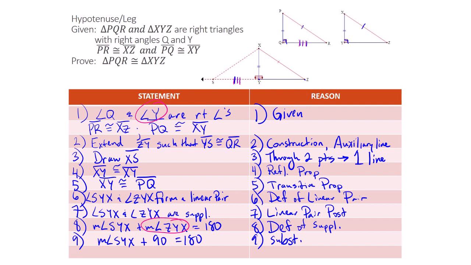All right, and then now we can use subtraction to get this over here, right? Subtract 90 from both sides. So if we subtract 90 from both sides, we get measure of SYX equals 90 by subtraction property of equality.